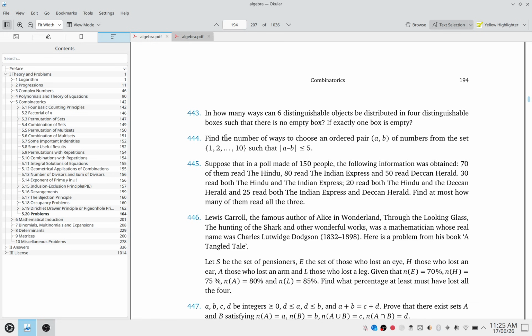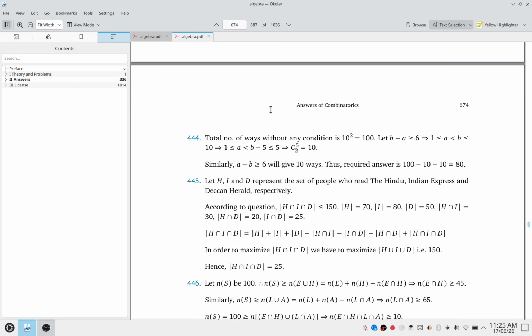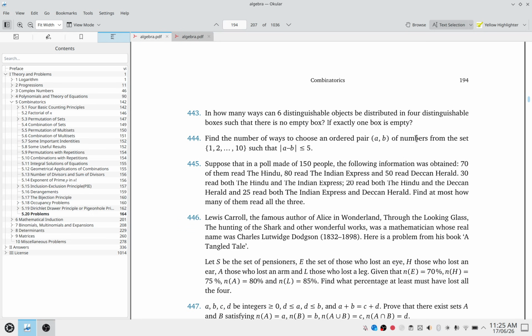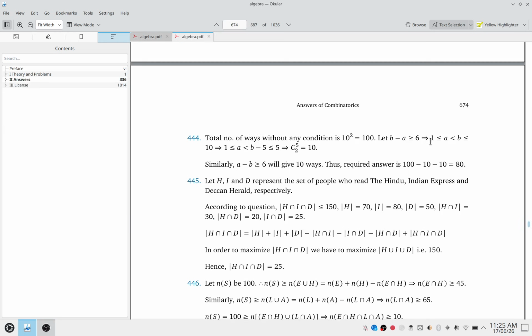Question 444 says: find the number of ways to choose an ordered pair (a, b) of numbers from the set 1 through 10 such that mod of a minus b is less than or equal to 5. The total number of ways without any condition is 10 squared, which is 100.